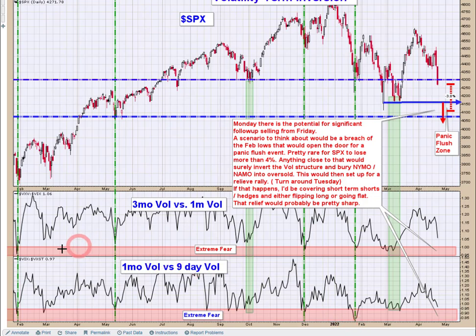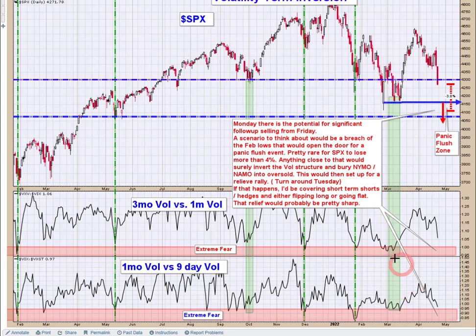And I've got places here where both of the measures either got really close or inverted. You can see that when you get that move, it's often a very good place to look for a bounce. Our last event was back here in the February-March timeframe. We had that initial move where we actually got a term inversion on that February low right here. That resulted in a kickback.